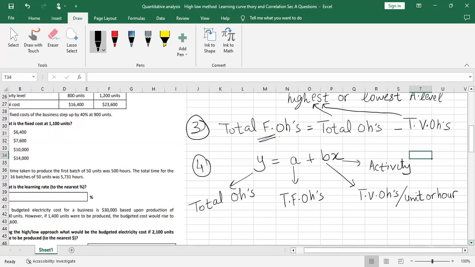And once again, remember this thing, activity level is normally either units, or your activity level could be labor hours or machine hours. So these are the four steps which are relevant with the high-low method, especially the basic high-low method concept which we studied earlier.